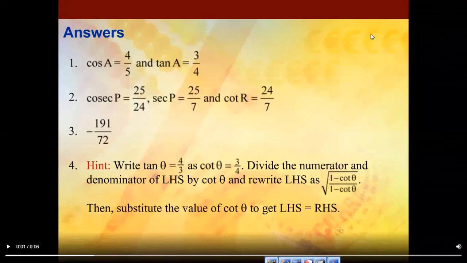Here are the answers for the questions which I displayed on the previous page, and the hints for the necessary questions to solve. Hope you will solve these problems. All the best to the students.